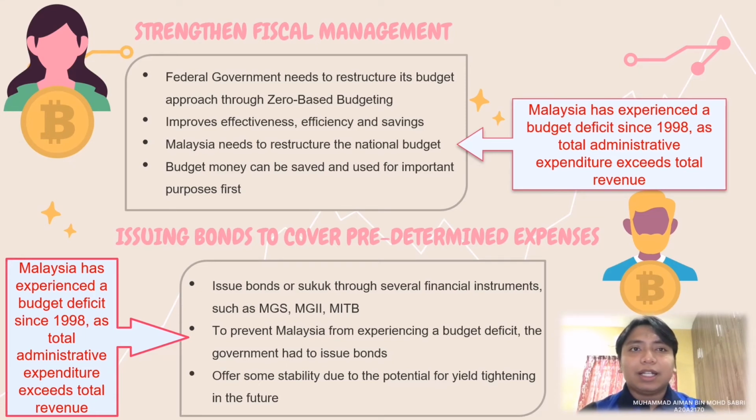As in the case study above, Malaysia also has experienced a budget deficit since 1998 as total administrative expenditure exceeds total revenue. So, to prevent Malaysia from experiencing a budget deficit, the government had to issue bonds. This may offer some stability due to the potential for yield tightening in the future.